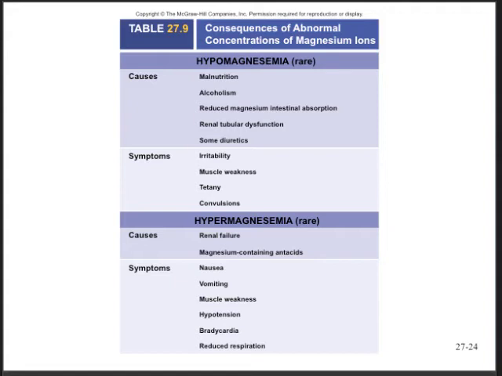One of the things that you'll notice in this series of physiological manifestations is that there's some overlap with what we would consider to be hypokalemia. The reason for this, again, is its effect on the sodium-potassium pump.